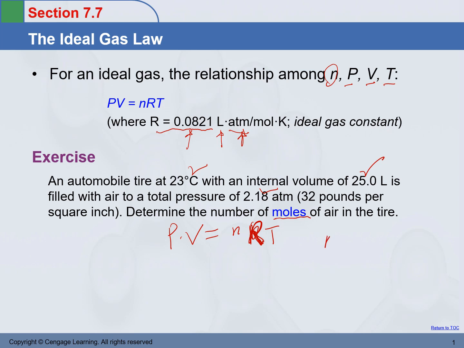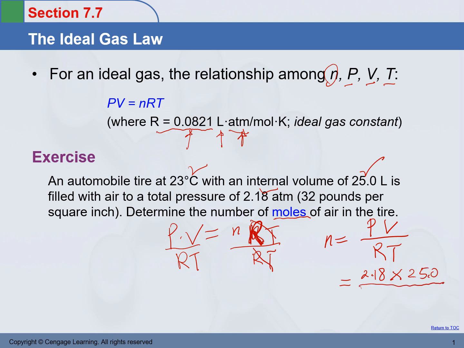So n equals PV divided by RT. You divide both sides by RT, they cancel out. So n equals PV over RT. P is in atm, so 2.18. V is in liters, 25.0.